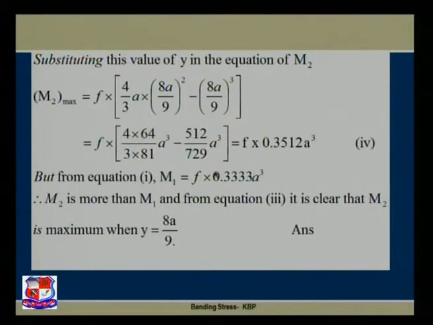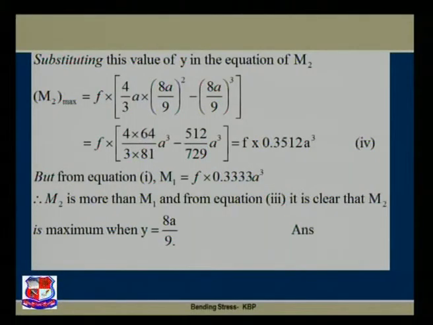Simplify it using your calculator, you can achieve f into 0.3512 a cube. It's number 4. Now from equation number 1, we achieve M1 as 0.333 a cube, and here it is 0.3512.